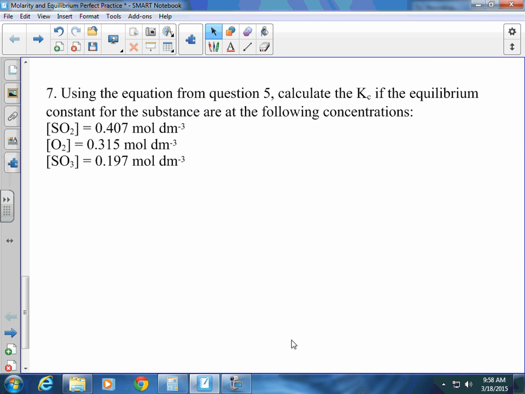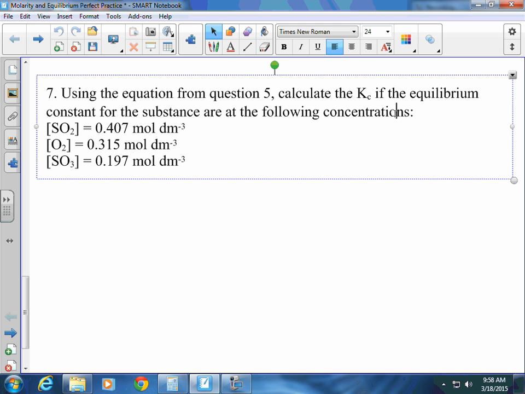It says using the equation for number 5, calculate the Kc if the equilibrium constant for the substances. I think I copied this one down wrong too. Wow, that one's a complete rework. So let's redo this.